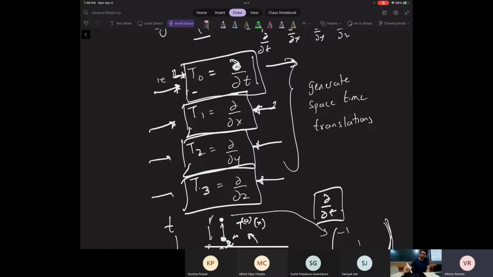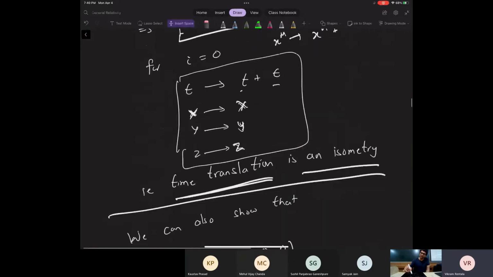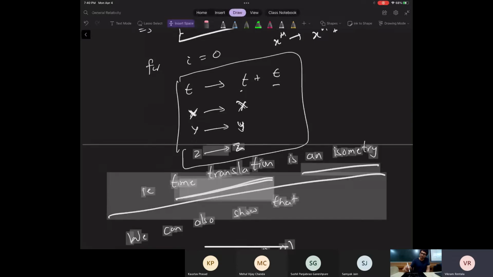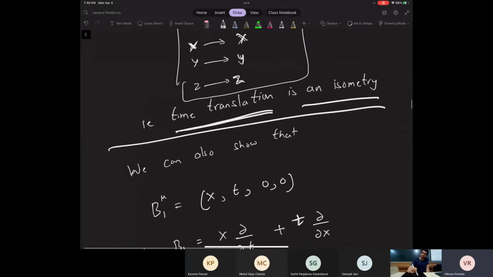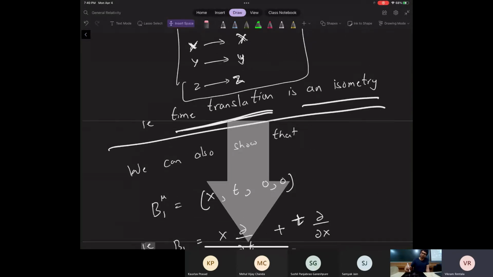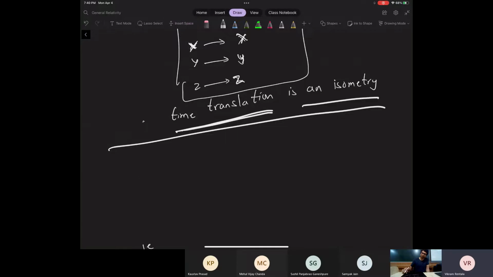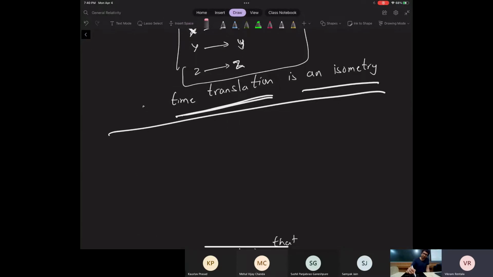So for example, if I translate it to the Rindler basis, and I ask what this time translation looks like in the Rindler basis, we make our transformation of coordinates from t, x, y, z to the coordinates eta, rho, y, z.